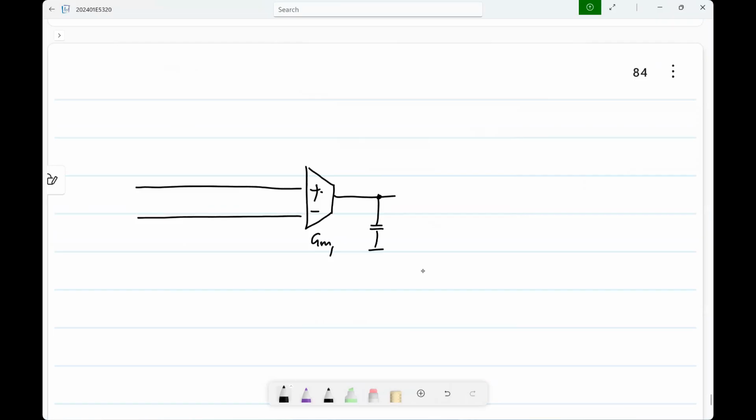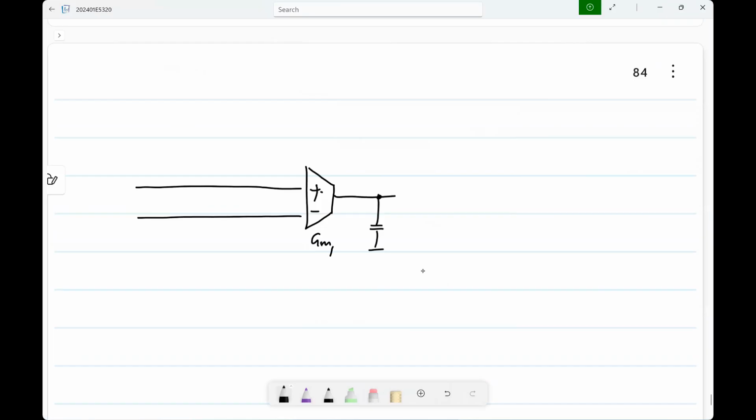The model for everything could be DC gain plus 10 poles and 5 zeros and so on, but then you can't even write the expressions and make any sense of them. So when we are not worried about DC, what does it matter if we assume DC gain to be infinity? By omitting the output resistance, that's what I'm doing.